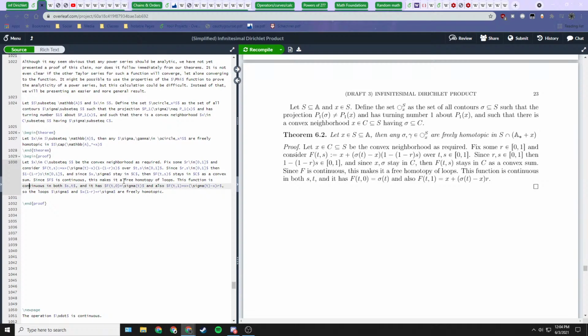Okay, so this function is, okay, so hold on. It stays in C as a convex sum, f is continuous and makes a homotopy of loops.